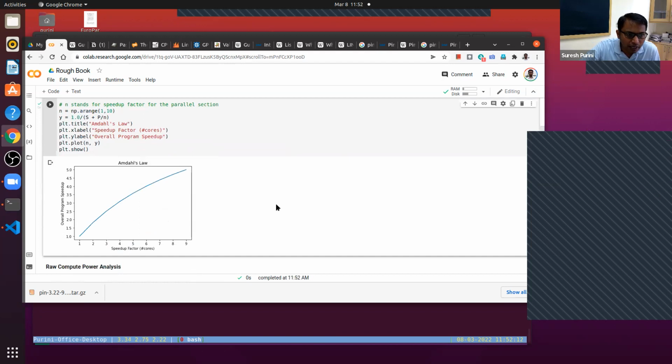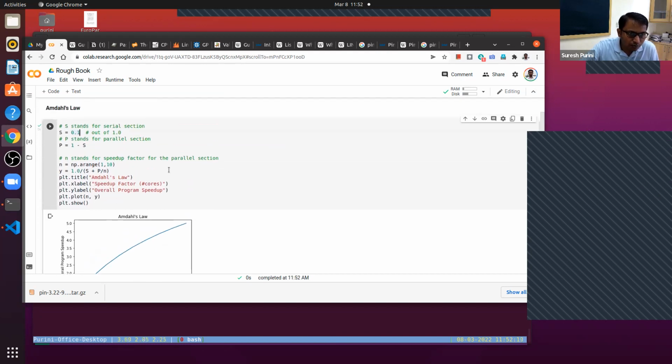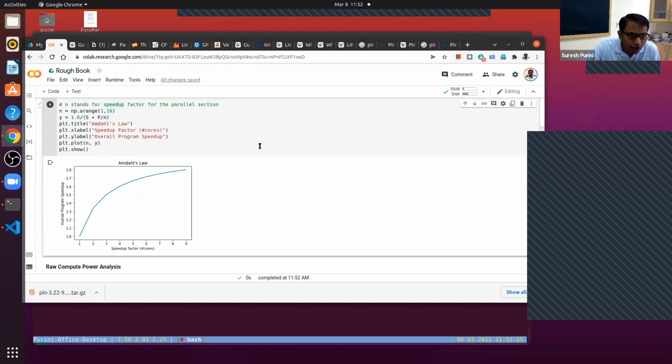Like for example, let's use S is equal to 0.5 and see what happens. When S is equal to 0.5, even if you use up to 9 cores, the maximum speed up that we can get is bounded by 2.